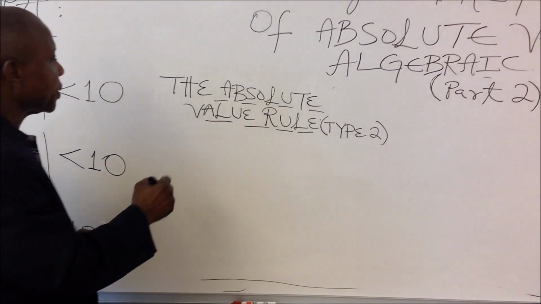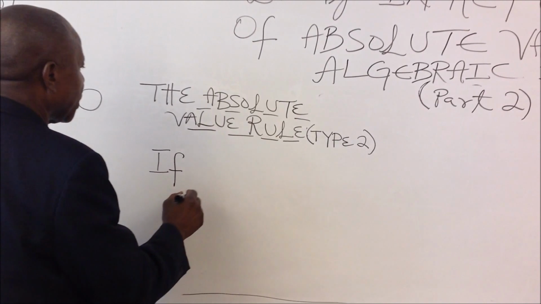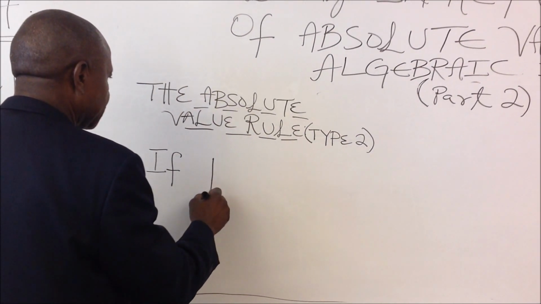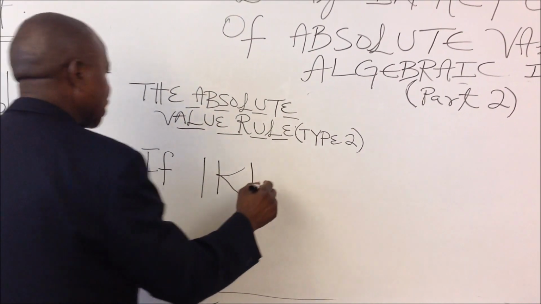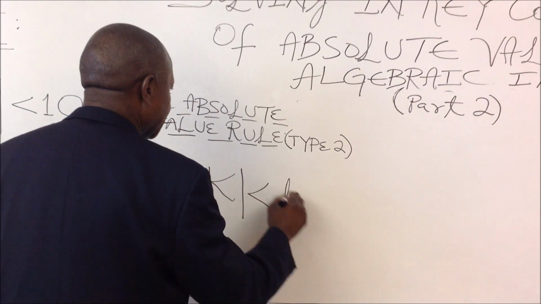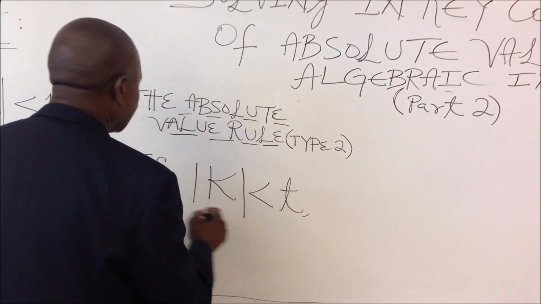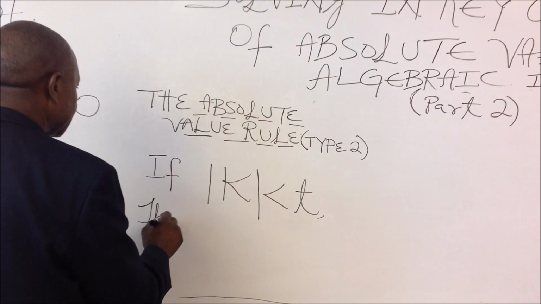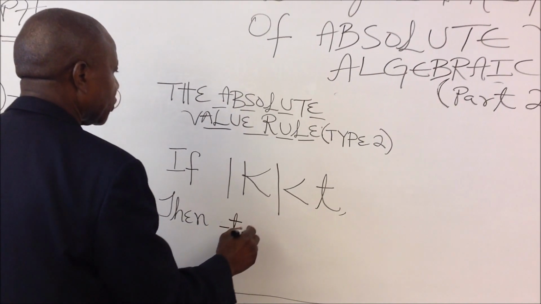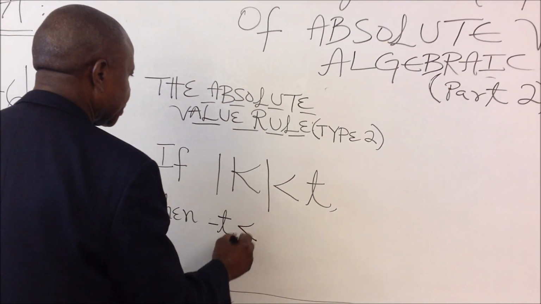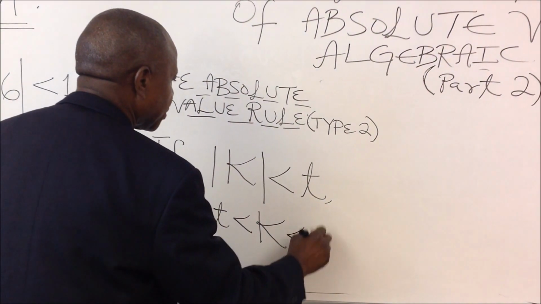It says that if the absolute value of the number k is less than t, then negative t will be less than k, and k will be less than t.